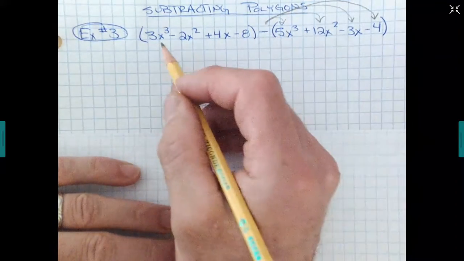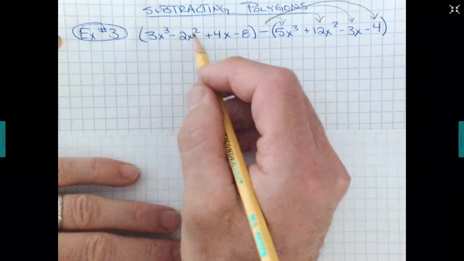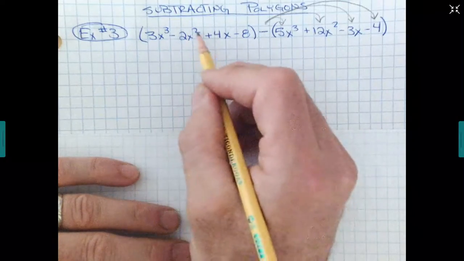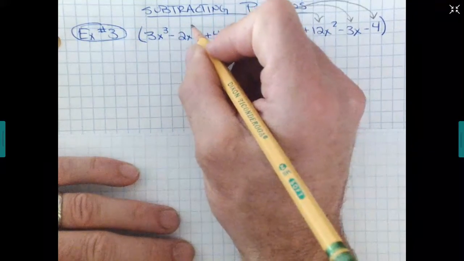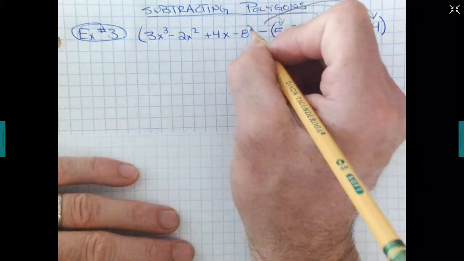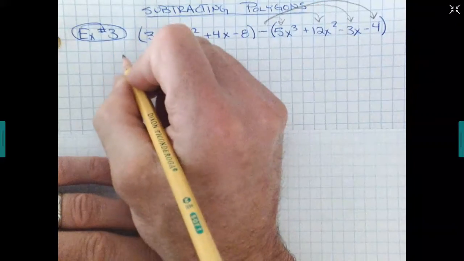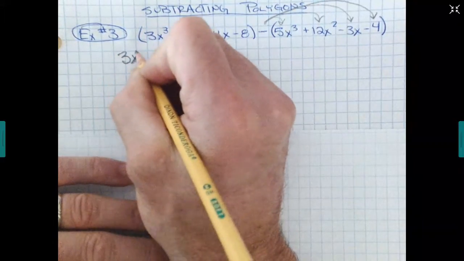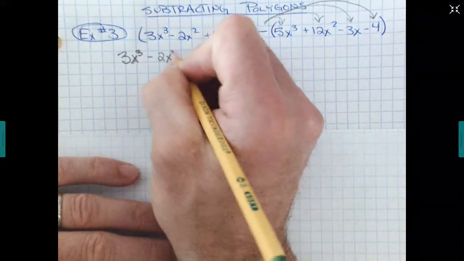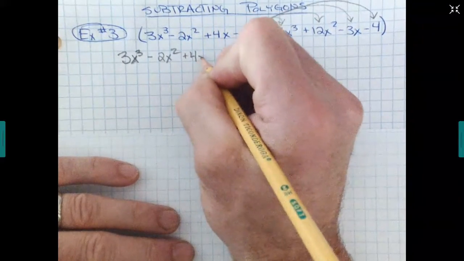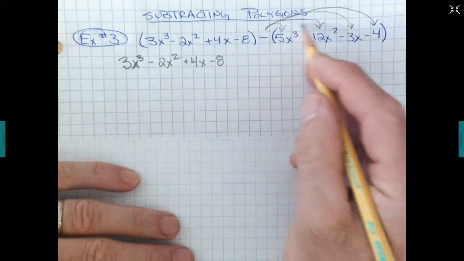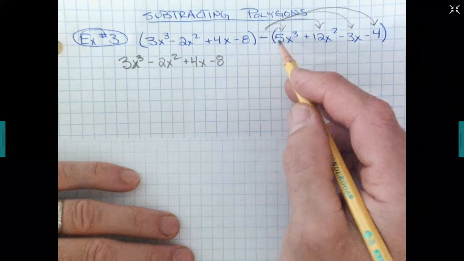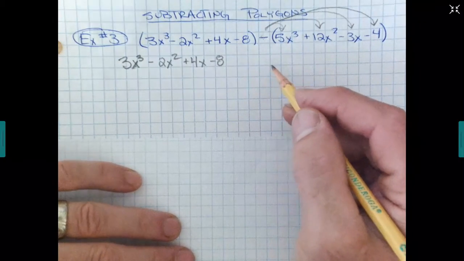Let's look at it. I'm going to write it out so that each exponent gets its own row. Well, I've got 3, 2, 1, 0. So perfect: exponent of 3, exponent of 2, exponent of 1, and no exponent. So I have 3x to the third minus 2x squared plus 4x minus 8. And here's where the distribution of the negative comes.